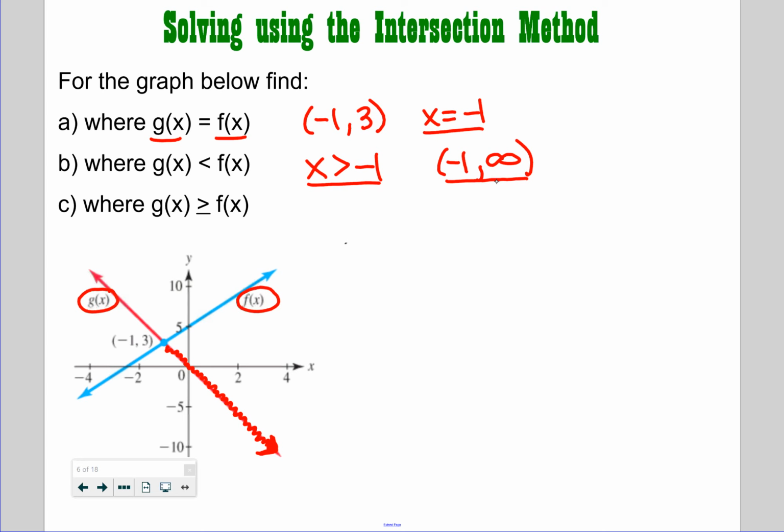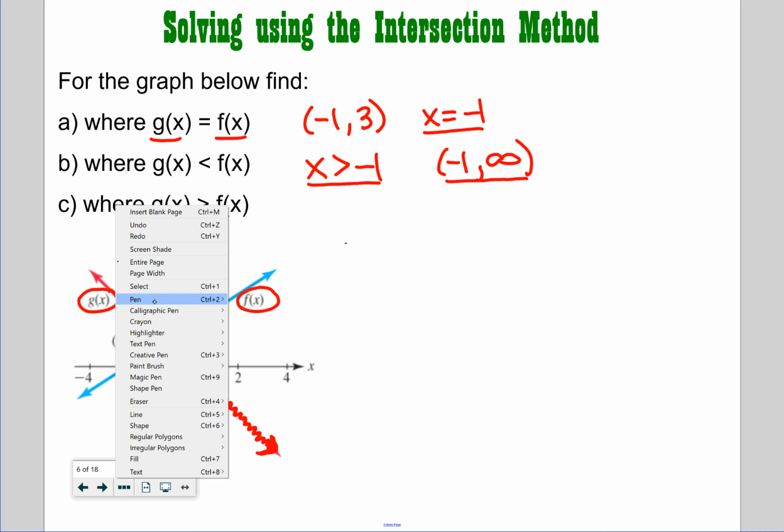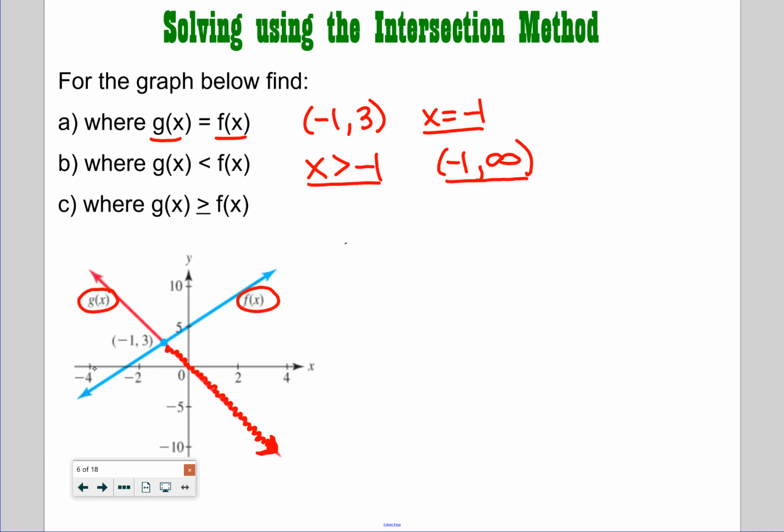The other question we want to know is where is g of x greater than or equal to f of x? So this is the opposite now. I want to know when is the red line above or equal to the blue line, and that occurs on this portion of the graph.